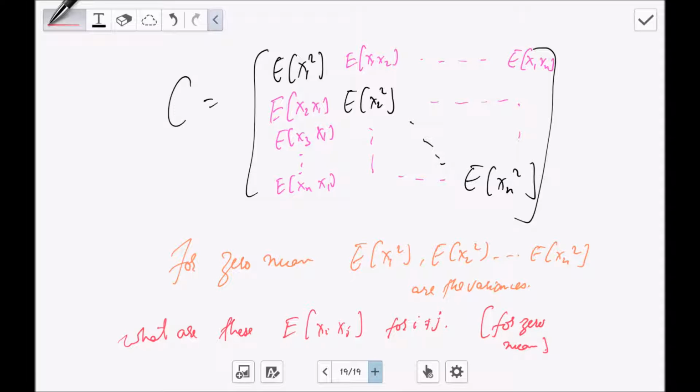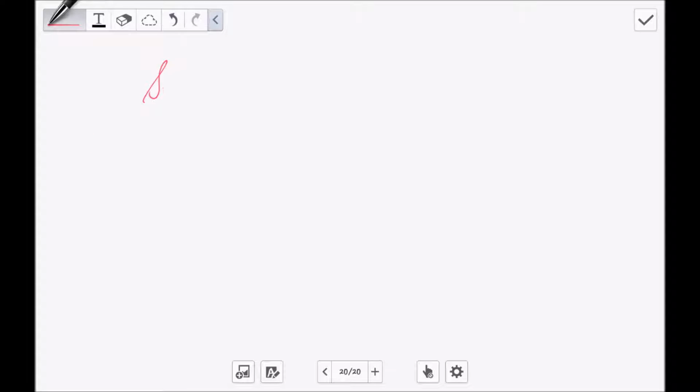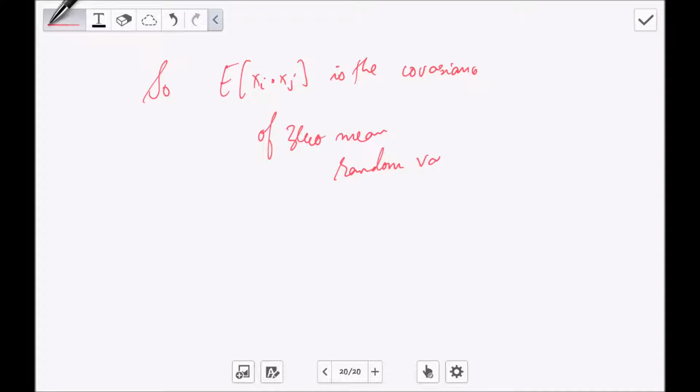These are the covariances, the covariance of zero mean random variables xi and xj.